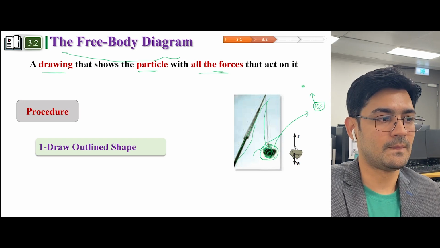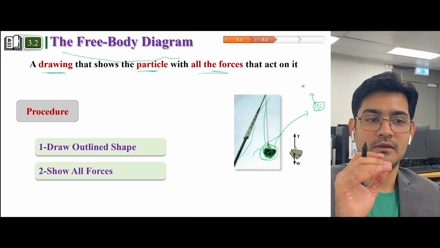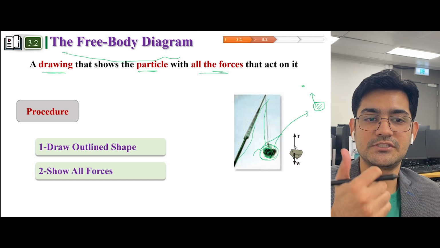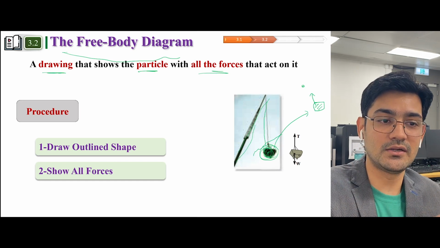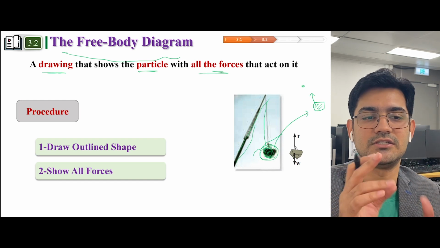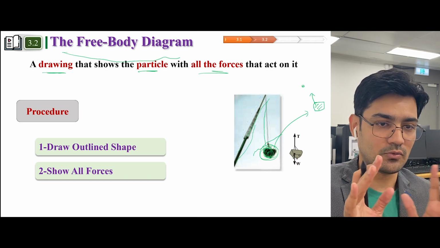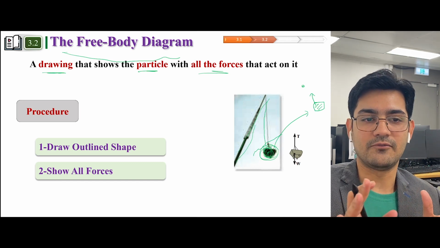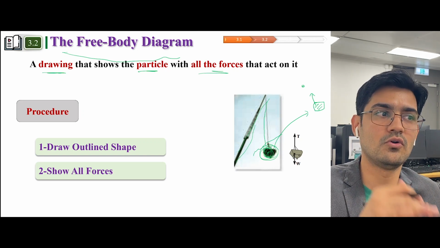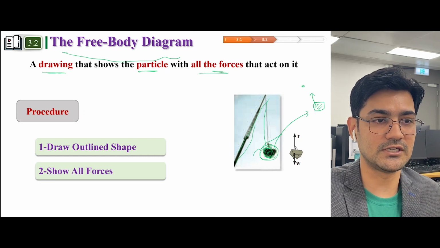Now the second step would be to show all the forces. Indicate on this sketch all the forces that act on the particle. These forces can be active forces which tend to set the particle in motion, or they can be reactive forces which are the result of constraints or supports that tend to prevent motion. So basically there are 2 types of forces, active forces and reactive forces. There are actions and there are reactions, and we'll go into more detail in chapter 7 when we study internal forces.